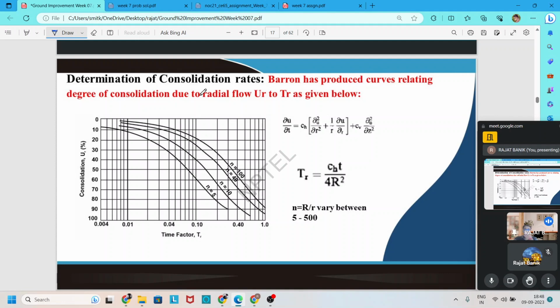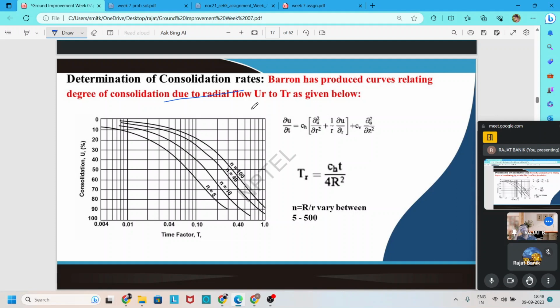To find the rate of consolidation for the radial direction, one scientist named Barron gives a curve to find the degree of consolidation in the radial direction in terms of the time factor.